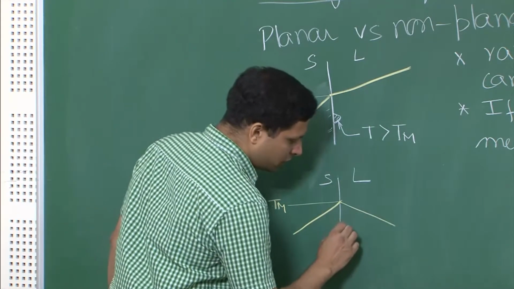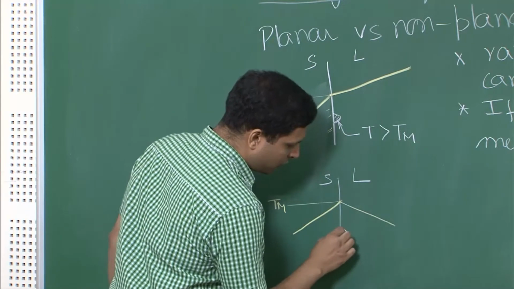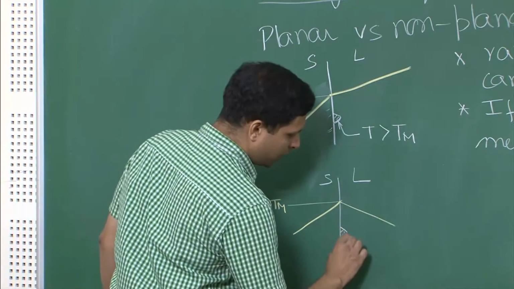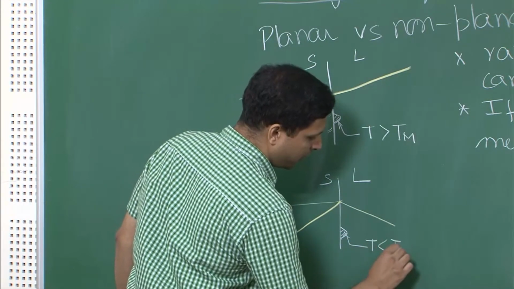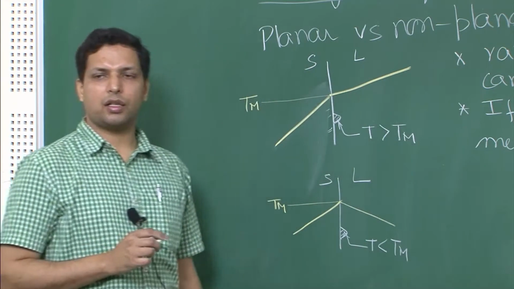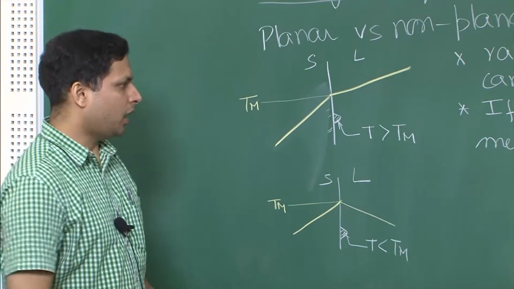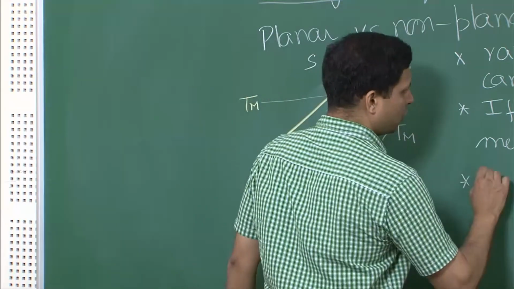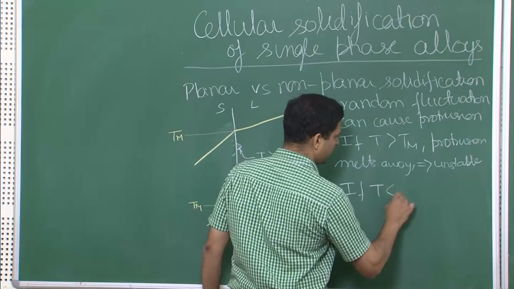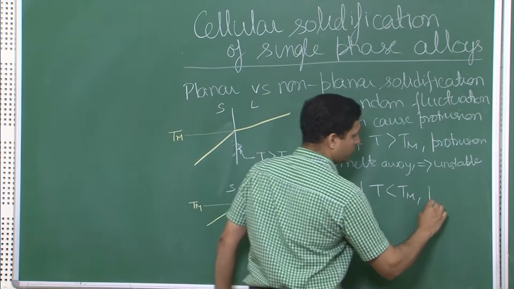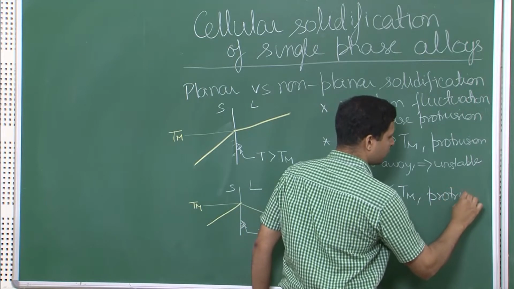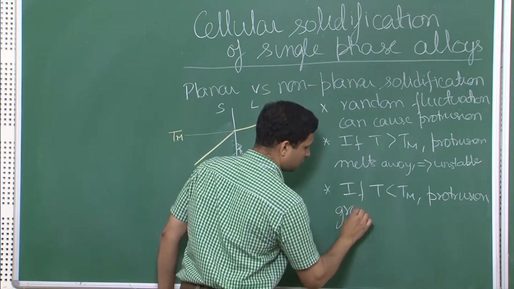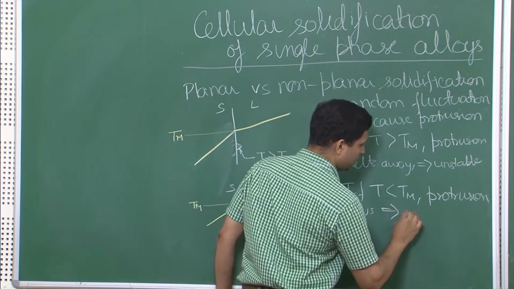Now let us say because of some random fluctuations a protrusion has grown. This time the temperature is less than Tm, so there is no reason that this protrusion will melt away, and therefore it is stable. If T is less than Tm, the protrusion stays, in fact it will grow, which implies it is stable.